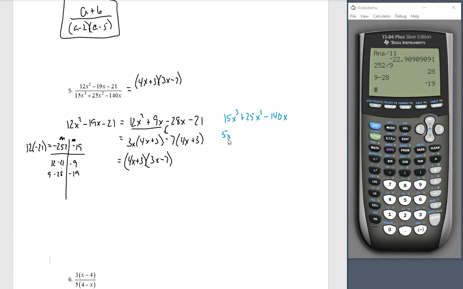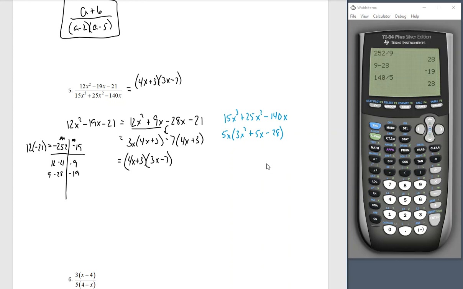So let's take that out first. So 15x cubed divided by 5x, that's going to be 3x squared. 25 divided by 5 is 5. Take out an x. 140 divided by 5 will be 28. And we've taken out the x.